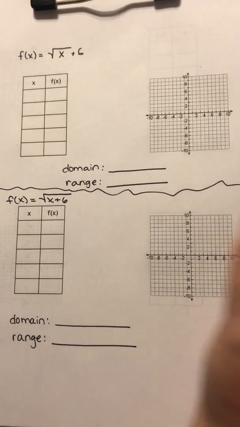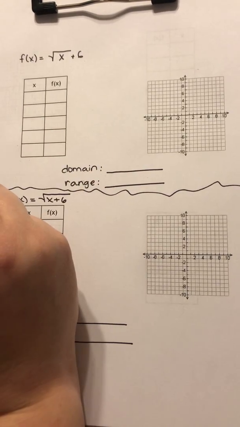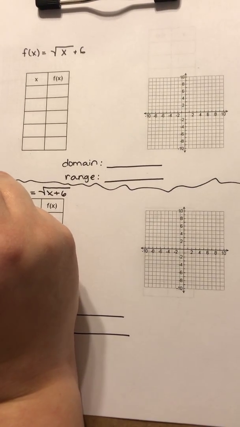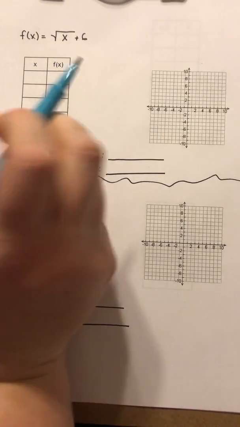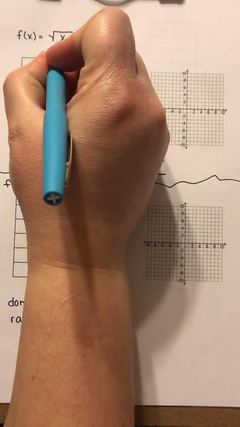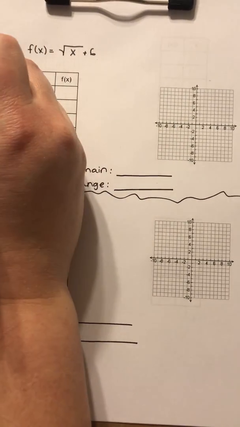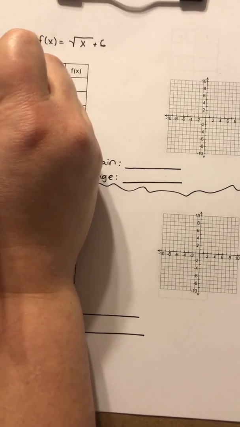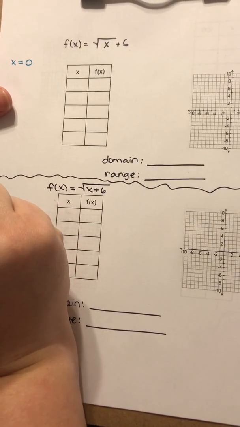So the first thing you want to do is find this critical starting point in your xy table. To find that, we're going to take anything that's under the radical symbol, under the square root, and set that equal to 0. In this problem, it'll just be the x, because that's the only part of the equation under the square root.